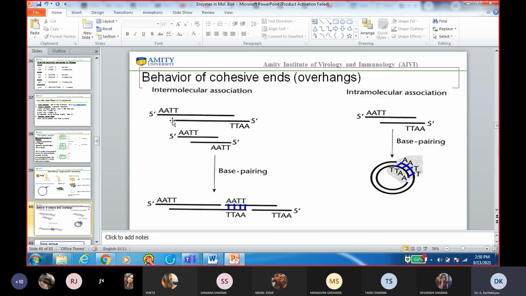But when you incubate the same at 37 degrees centigrade, because of the increased temperature, there is a lot more thermal vibration, and these free ends stay a little bit apart. Not only this region, even a few base pairs which should ideally be double-stranded, where complementary base pairing should happen, it doesn't happen that easily.